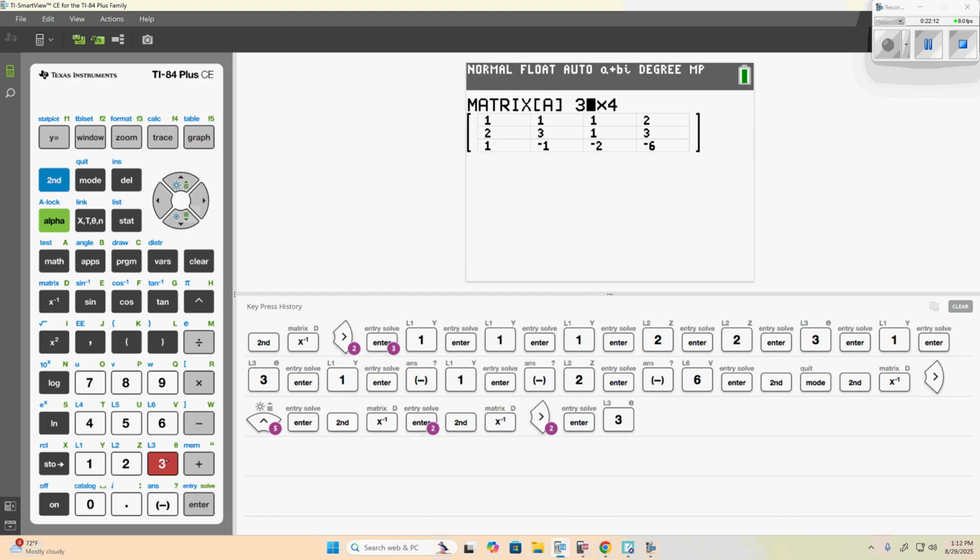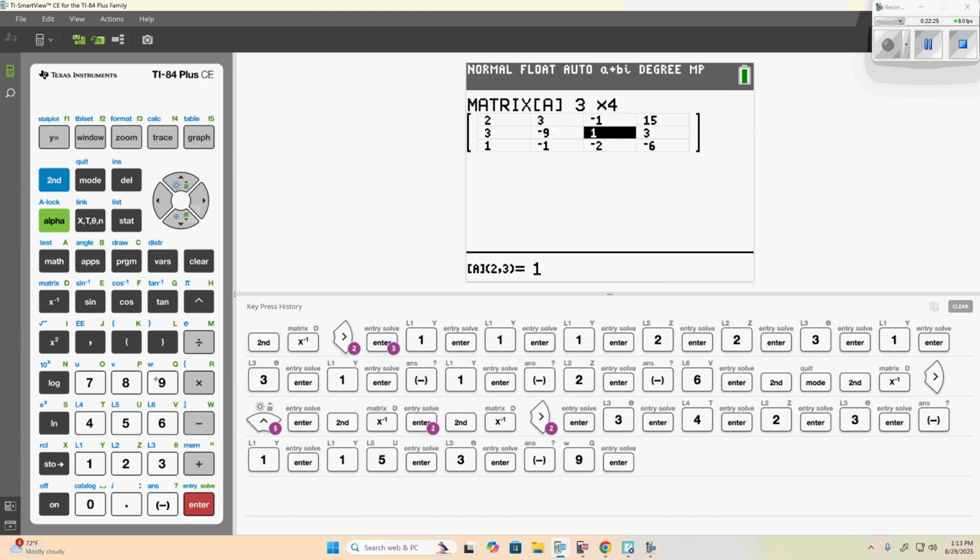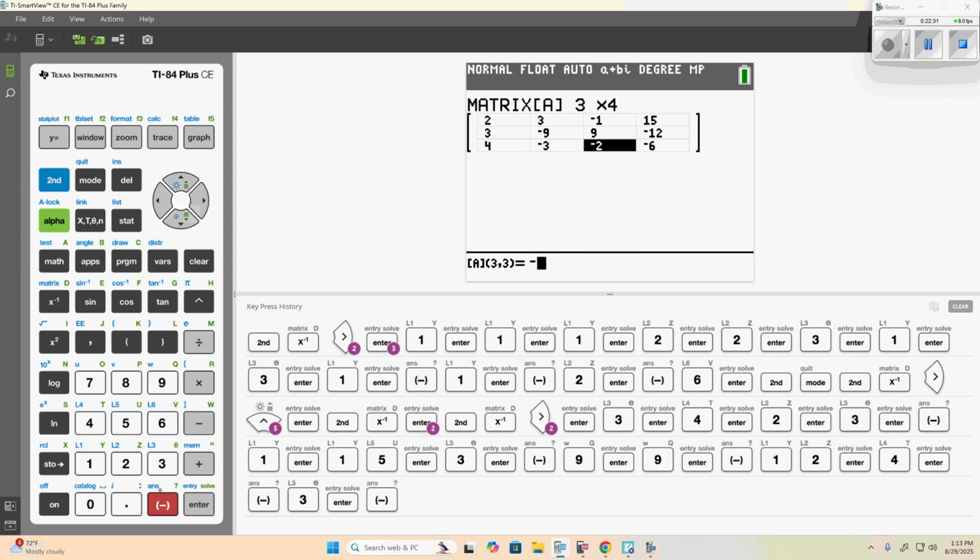So it is a 3 by 4. And then we can enter the first row: 15. And then we'd have 3, -9, 9, -12, and then 4, -3, -1, 19.